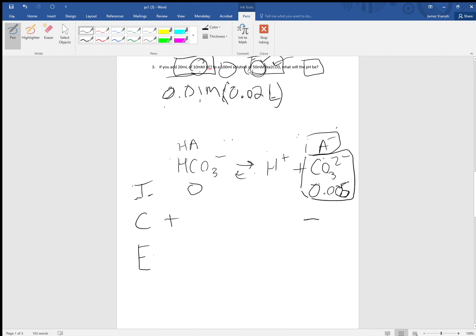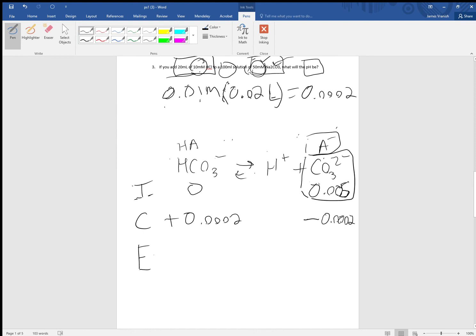When we multiply these together, I just want to make sure I'm doing the math correctly. Yes, so it's 3 zeros, and we get 0.0002 moles. So we're going to lose that amount of carbonate, and gain that amount of bicarbonate in our table.